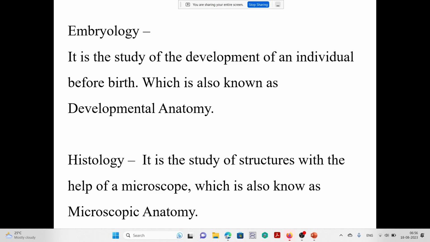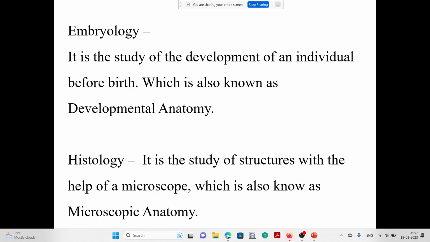That is only the development in the mother's womb, starting from the fertilization till the end of the delivery of the baby. So that developmental study is usually called embryological anatomy. That is nothing but developmental anatomy, starting from the fertilization up to the delivery in the mother's womb.